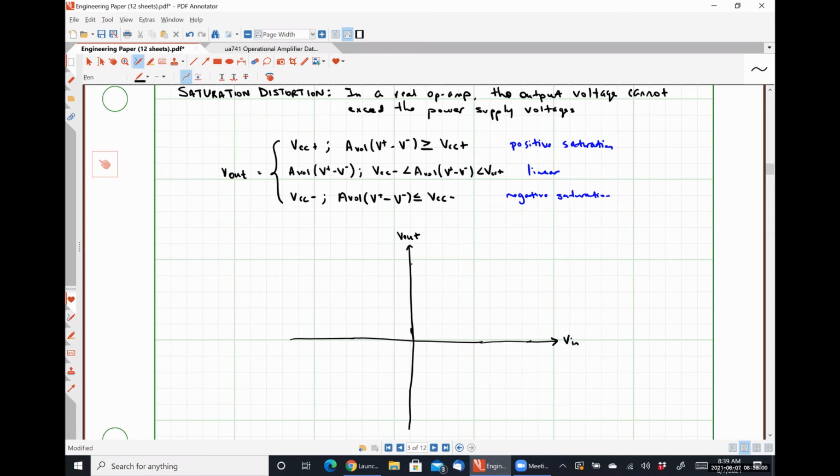And let's say that up here is VCC plus, and down here is VCC minus. So what we are going to observe for our input versus output relationship for an open loop amplifier, like we're dealing with here, is something that's going to look like this. Trying to draw a straight line as best I can. Okay.